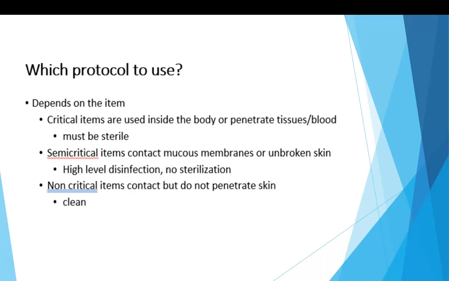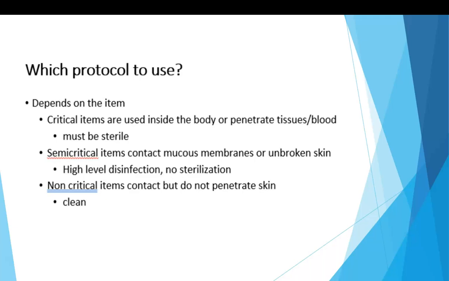These are the items that go inside the body and penetrate the tissue or your blood, so they have to be sterilized. We have to make sure there are no living organisms on these items.